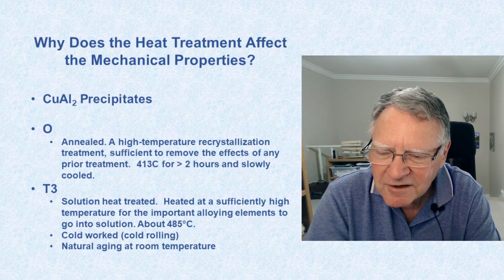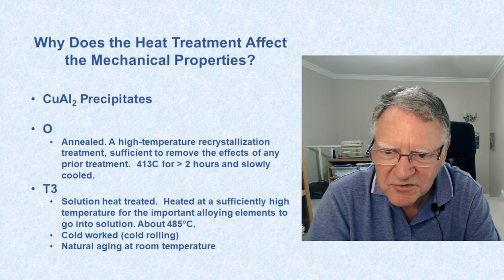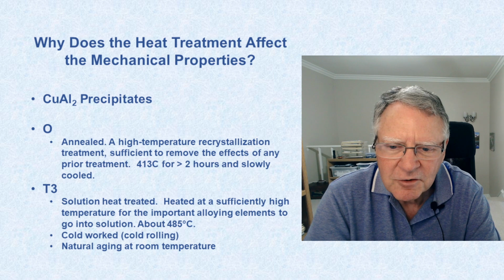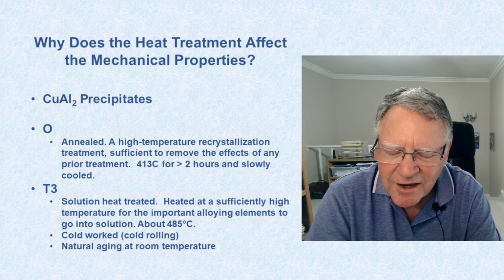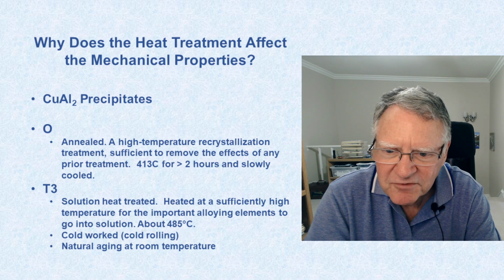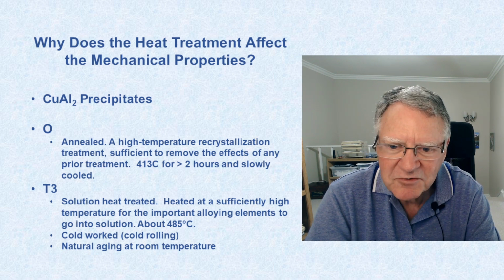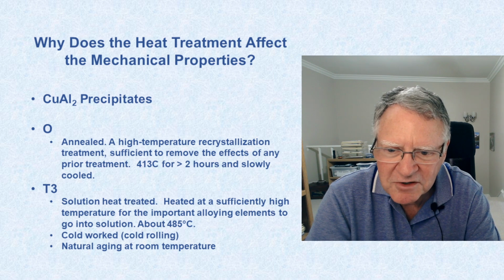So in the T3, what happens is you heat it up a little hotter, up around 485. The copper dissolves in the aluminum, and it gets dispersed fairly uniformly. And then it's cooled very rapidly, and the copper does not have time to move. It basically stays where it's at, uniformly dispersed in the aluminum grains.